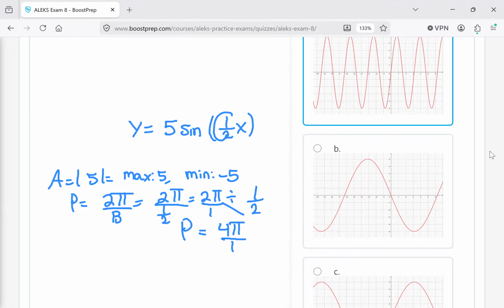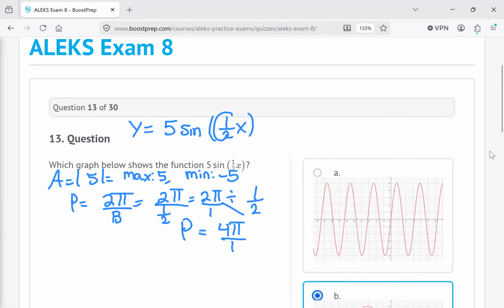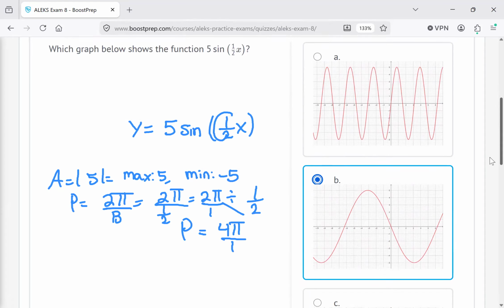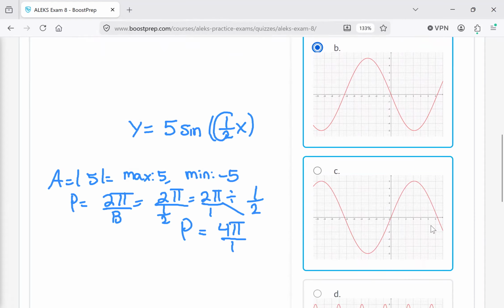So as you can see, it goes through the origin, has a max of 5 and a min of -5. And what else you could do is test points, right? If you test the x value 3, will it spit out the exact y value 5? It should. So let me double check.